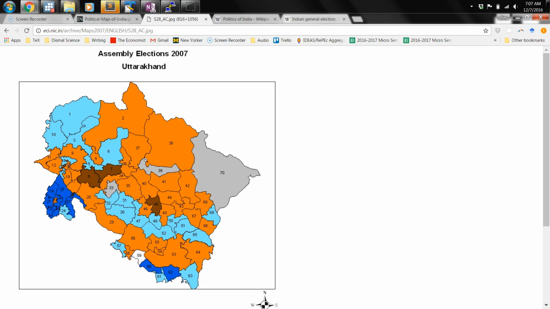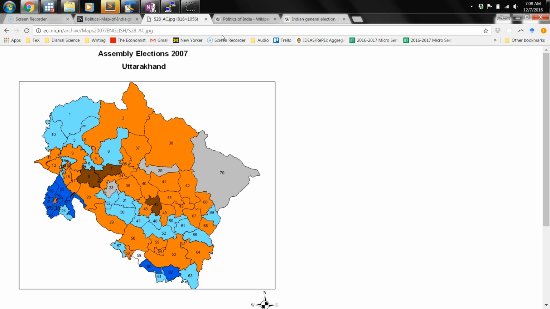Each of these assembly constituencies will select a member of the legislative assembly who will represent that constituency in the state assembly, and whichever party or coalition gets the most seats will be able to choose the government, or rather choose the chief minister of the state, which is the state analog of the prime minister.